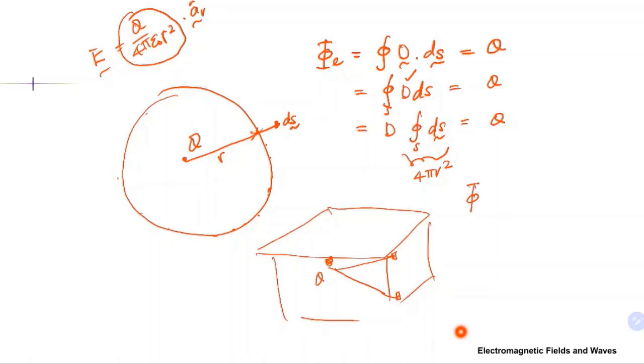Although we know that this is still equal to Q, this integration now is very difficult because I need to do my dS is this, my E is this, and then I have an angle here.